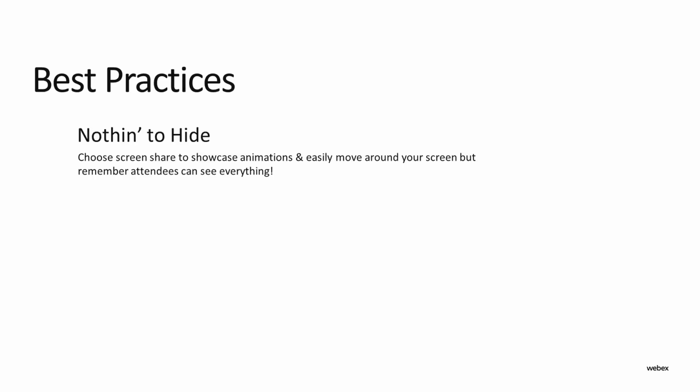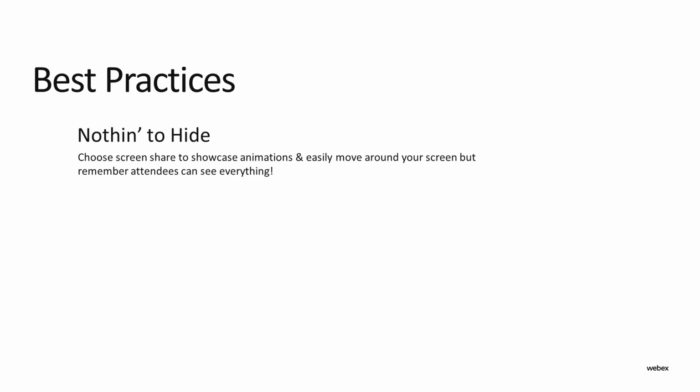Okay, we've covered best practices again, and I really want to summarize what we talked about. Number 1, nothing to hide. Share your screen to showcase animations and transitions in your PowerPoint, and easily switch to sharing other programs. Looks great in slideshow mode for your attendees, but make sure you really have nothing to hide, since everything you do on your device will be visible, and that might not always be the best choice.